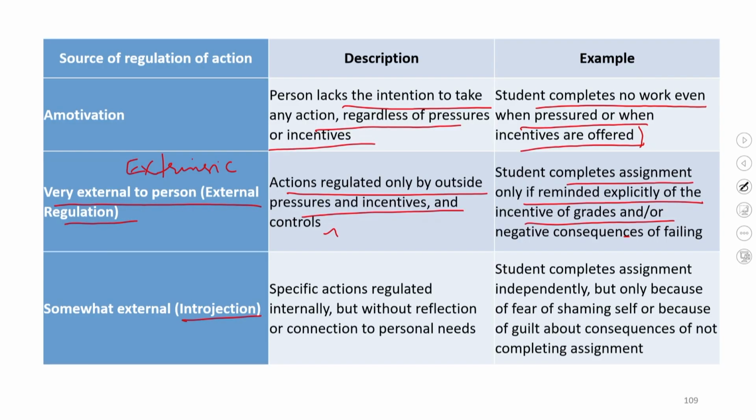Then comes introjection, again a part of extrinsic motivation. Here, specific actions are regulated internally to some extent, but without reflection or connection to personal needs. We said ego involvement is there.